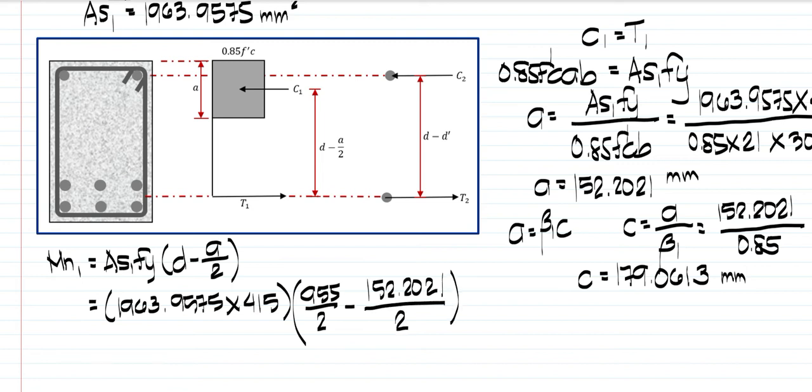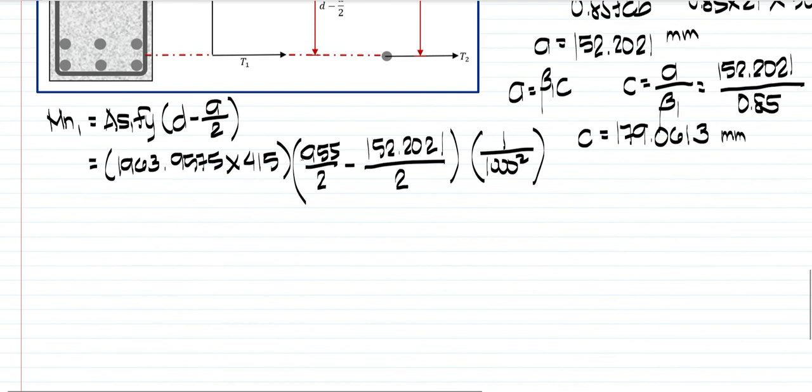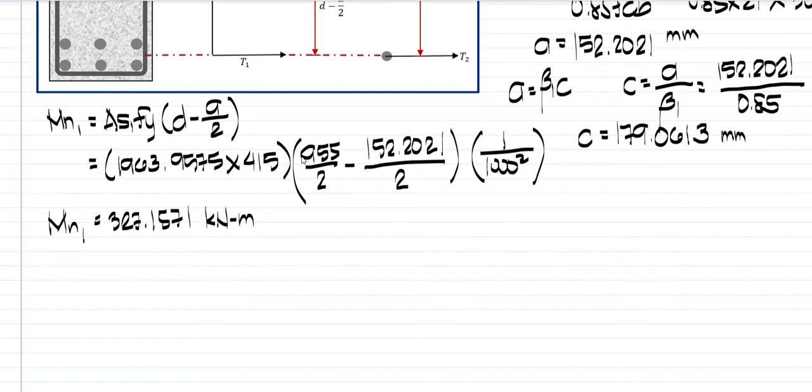We multiply this by 1 over 1,000 squared. So the first nominal moment coming from this will be equivalent to 327.1571, in kilonewton meter. That is our first nominal moment that we can use for the design process.